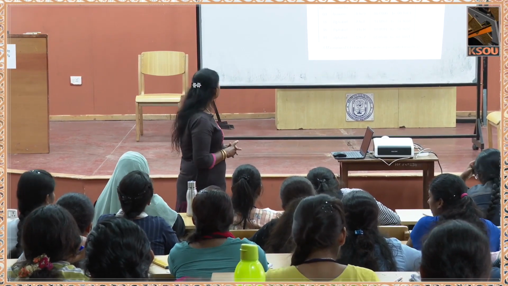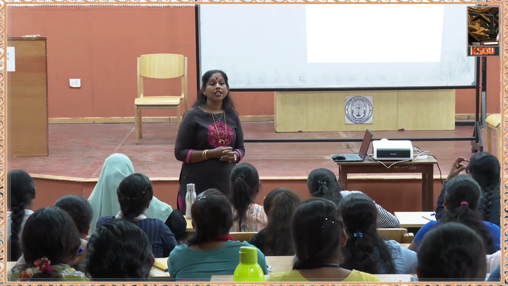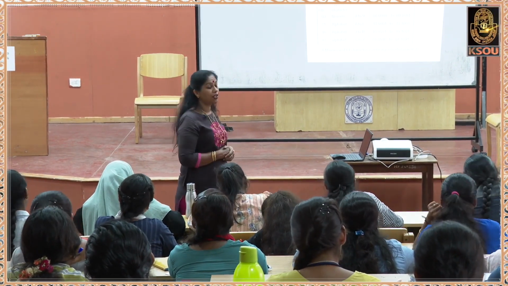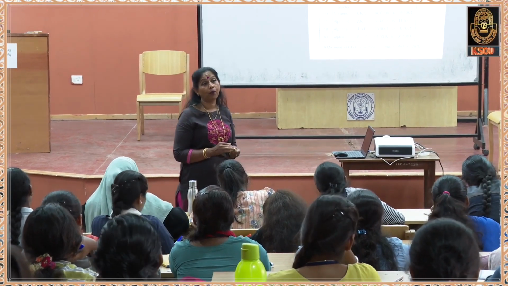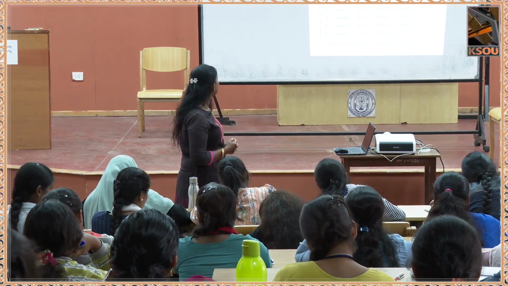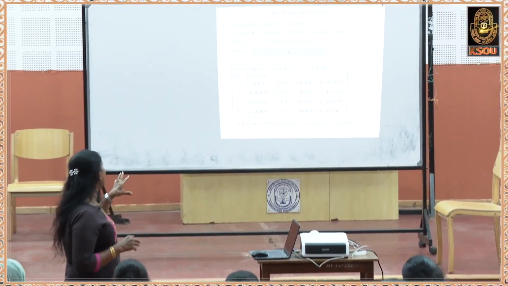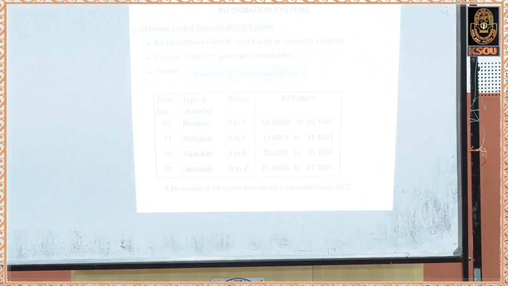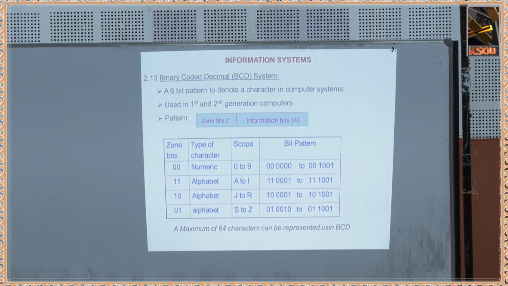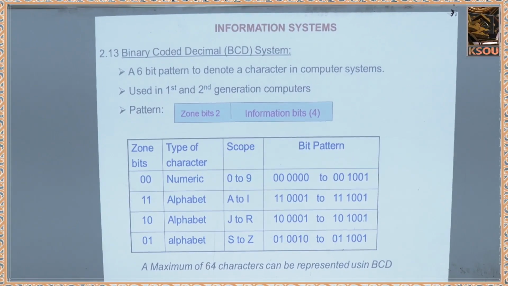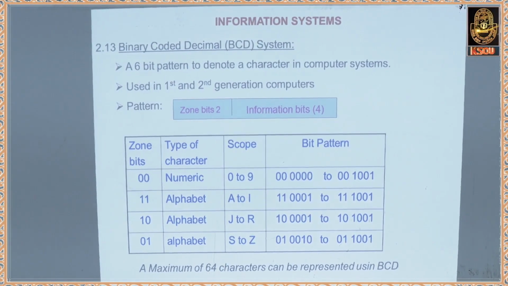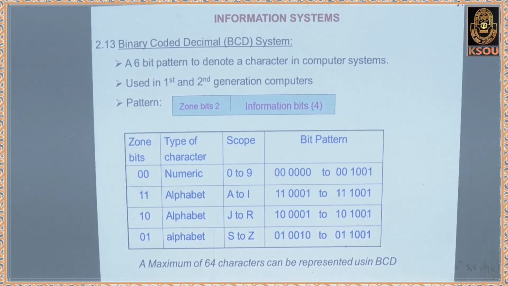BCD is binary coded decimal system. BCD expansion is very important. For you, what they'll ask is either the expansion or the BCD represents dash maximum of how many characters.